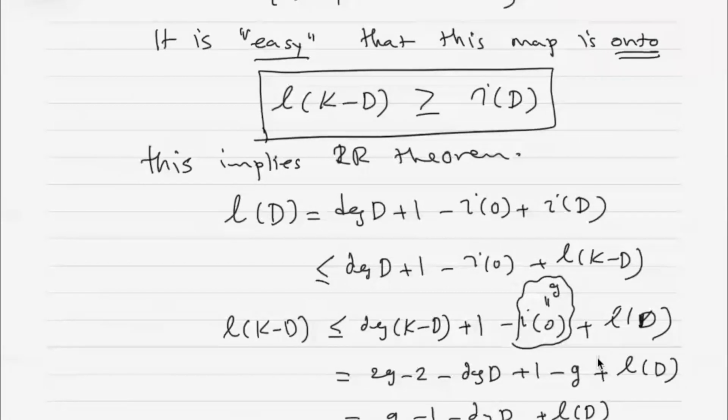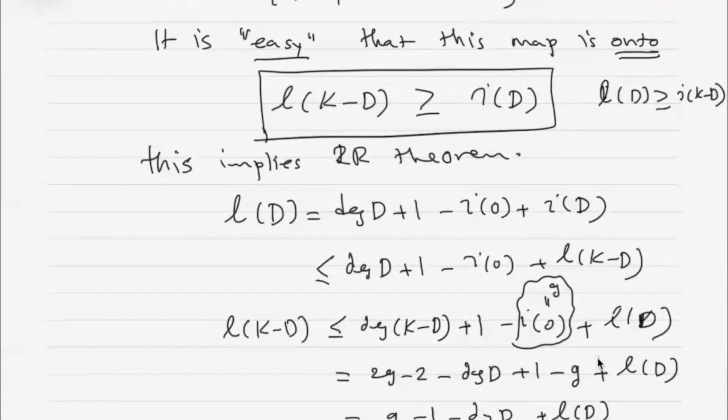So I also know that I of D is bigger than I of K minus D. Sorry, I'm getting a little confused here. But believe me, this is just a straightforward calculation.